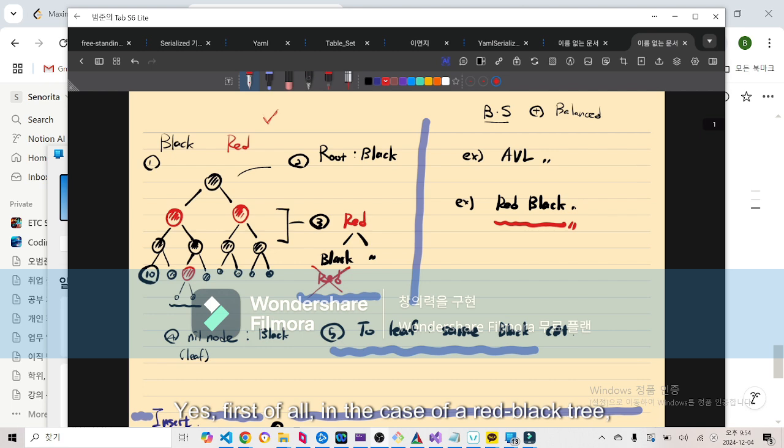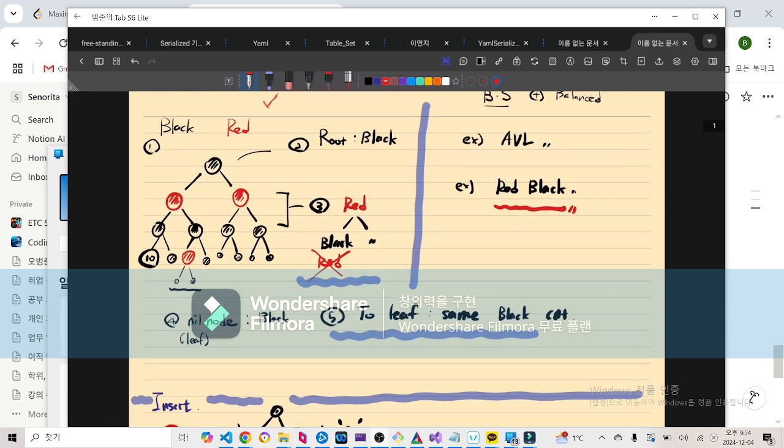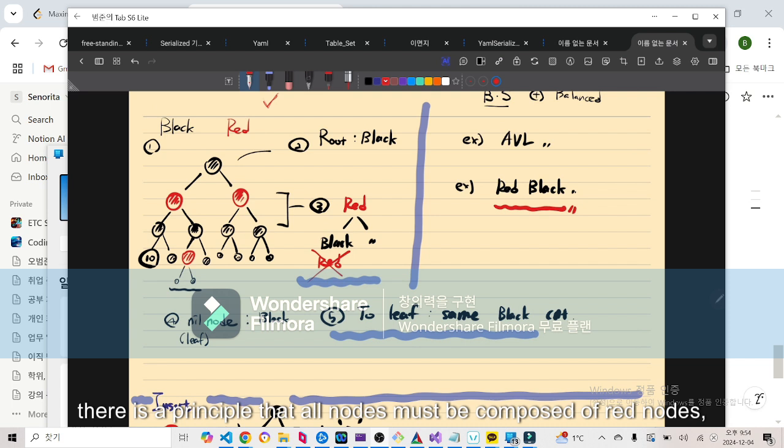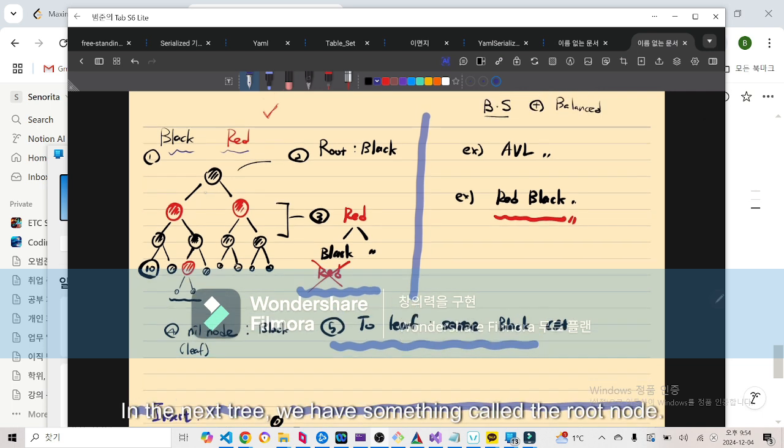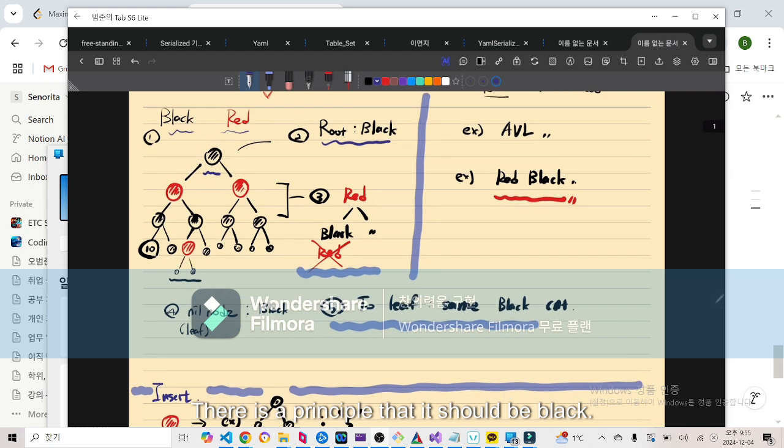First of all, in a red-black tree, all nodes must be either red or black. Next, we have the root node, which must always be black.